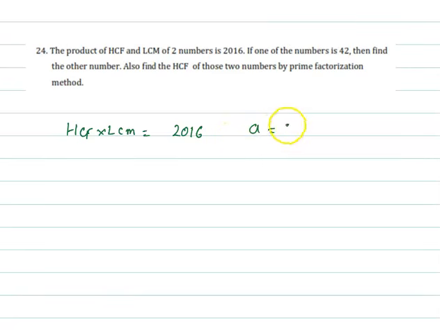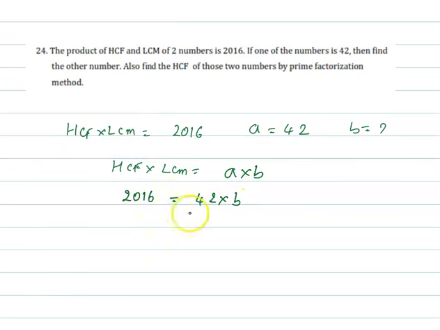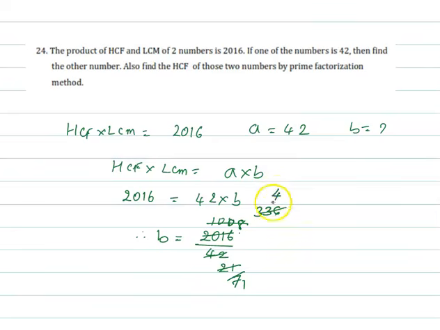If one number A is 42, then find the other number B. We all know HCF into LCM is equal to A into B. So 2016 is equal to 42 into B. Therefore B is equal to 2016 divided by 42. Calculating the division, the other number is 48.